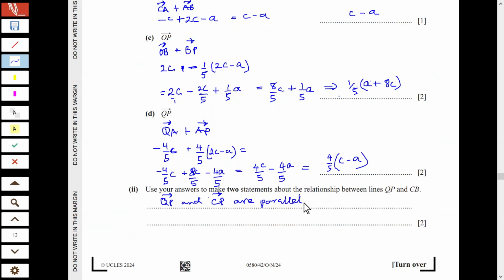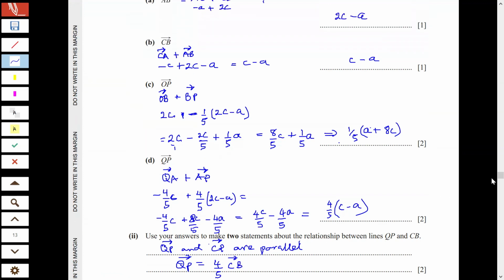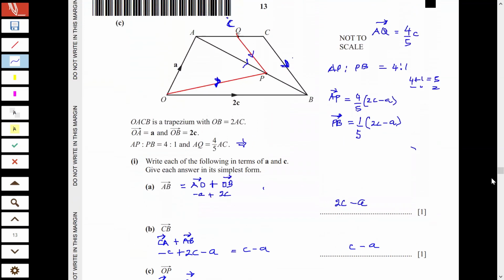Secondly, we can say vector QP is equal to 4/5 of CB. So that's the final two statements we get from this.